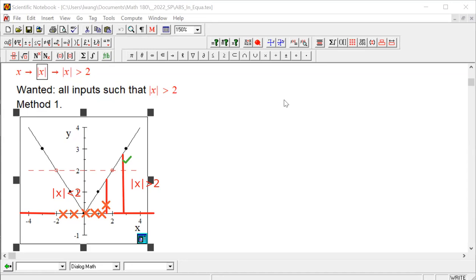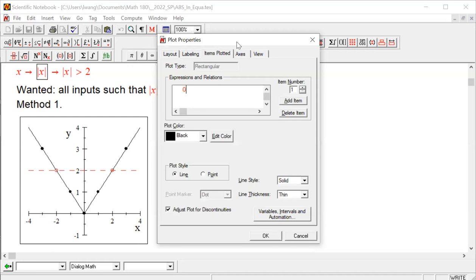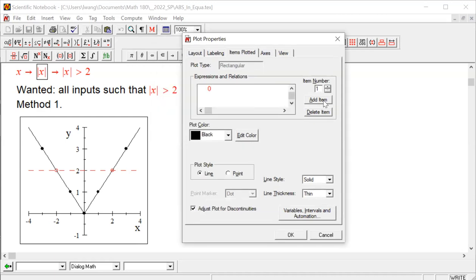Okay, so with that understanding, I'm going to redraw the picture so that you can understand what I'm talking about. Okay, so we have identified these inputs, right? So what are these inputs? These inputs are going to be like this. Okay, -2, 0, right? And we're going to draw these lines.